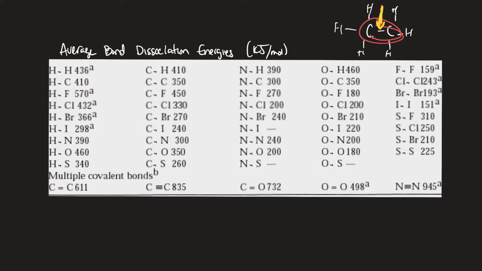But now look at the multiple bonds. If you have a double bond between the carbons, as in ethylene, it takes about 611 kilojoules of energy per mole to break that bond.